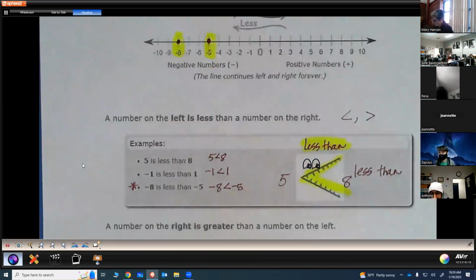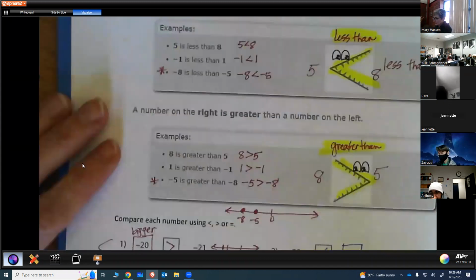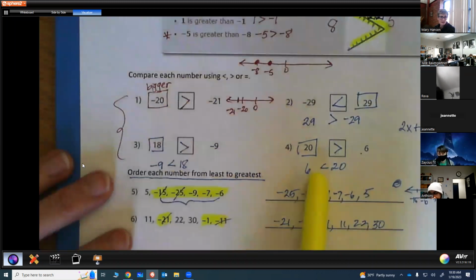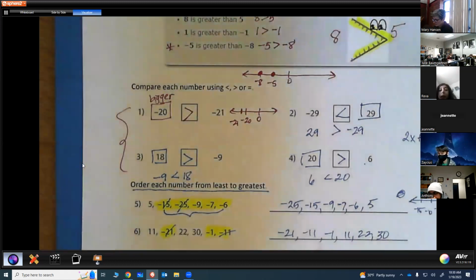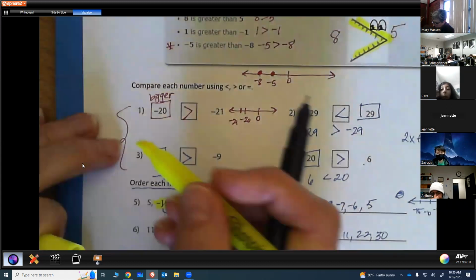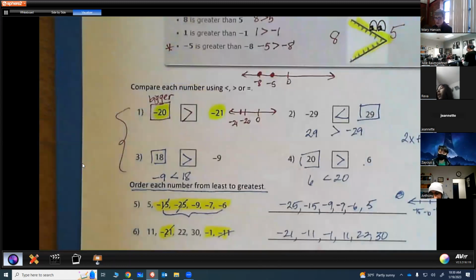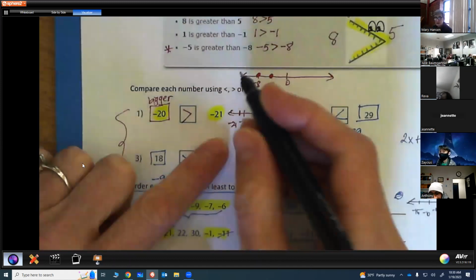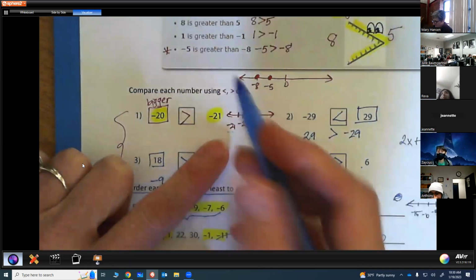And so we've pulled two concepts out of this, and that is being able to compare two numbers using the less than and greater than symbols. What I suggested to students is when you're looking at two numbers like -20 and -21, if you imagine those on the number line, -21 is going to be to the left. They can't hear me because my microphone is muted.